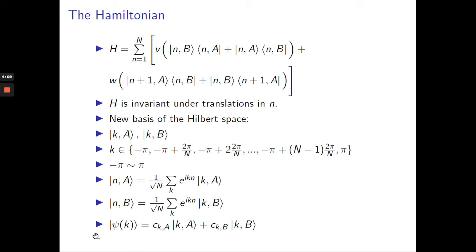And it turns out that the eigenvectors of this Hamiltonian will look like this. We just don't know yet what CKA and CKB will be, but we know that it will be something of this sort.